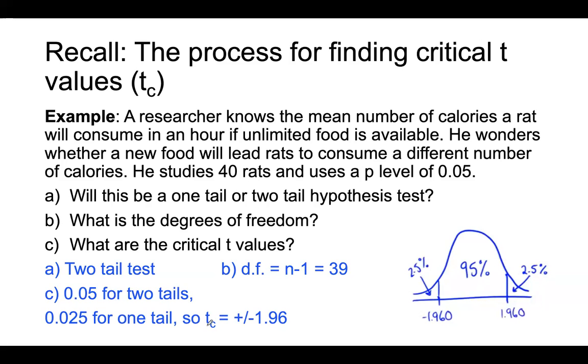So this is for the one tail, it's going to be positive 1.96. And then our other tail over here, due to symmetry, is going to be negative 1.960. Remember, it is kind of normally distributed and symmetric. So you're going to have that symmetry.